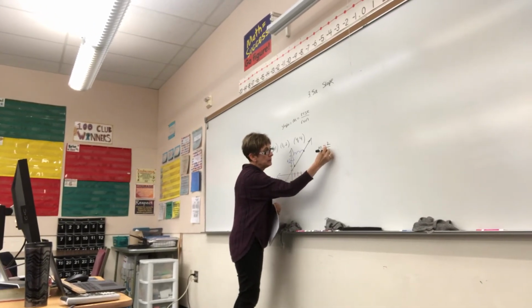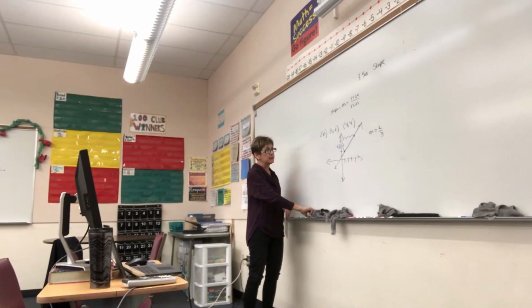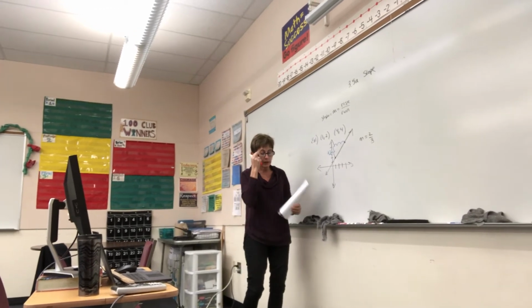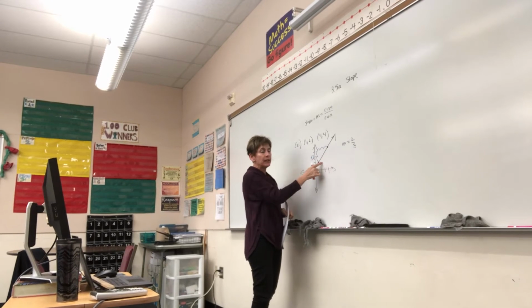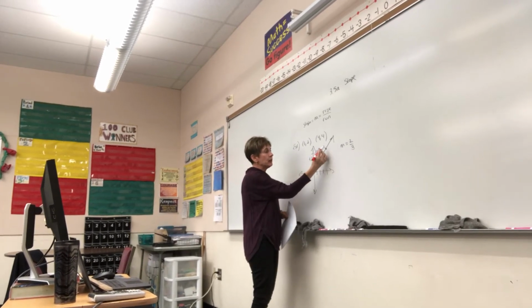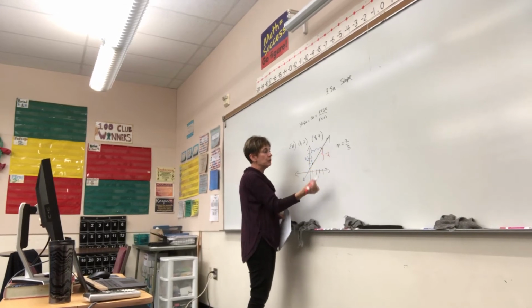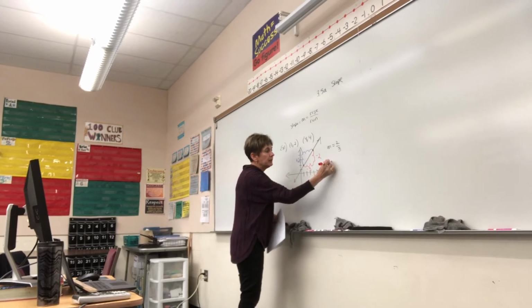Now, the cool thing about slope that you might not know, and I had a hard time believing this when I first learned about slope, is it doesn't matter which point you start at. I would get the same answer if I started at this point and went down and then back. So if I start at (4, 4), I could go down 2, which would be -2, and then back 3, which would be -3.